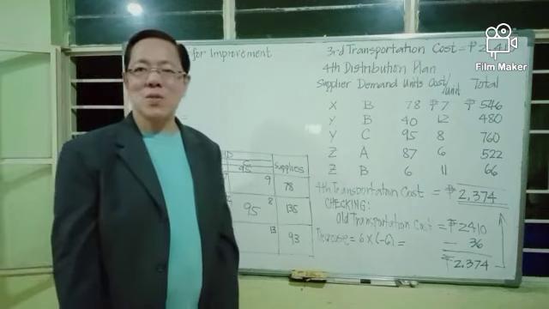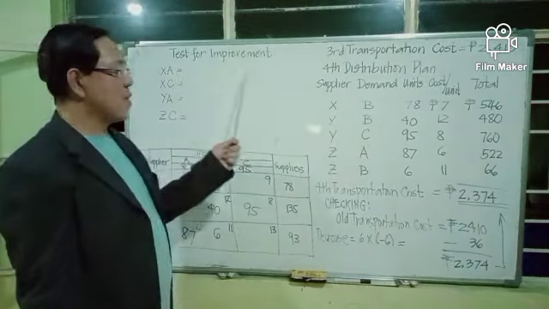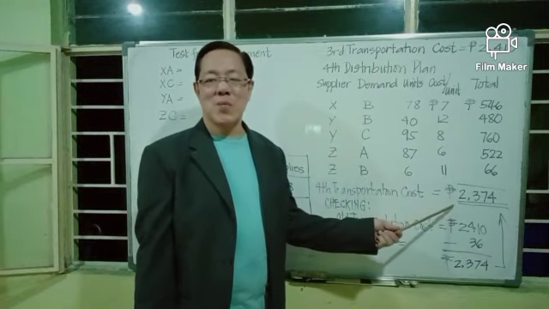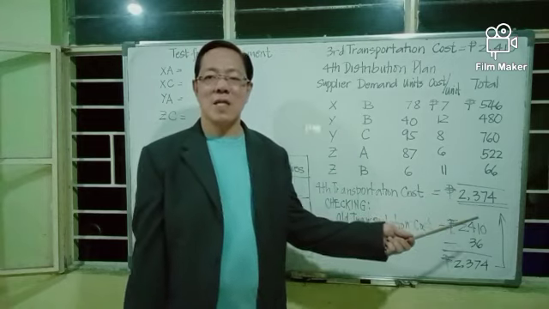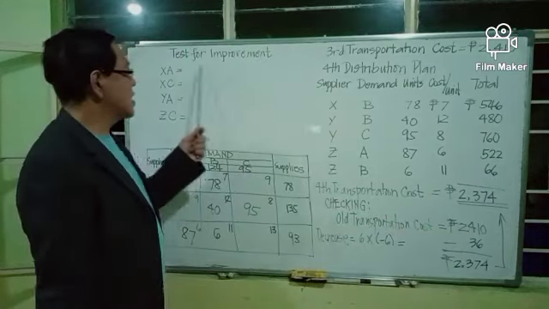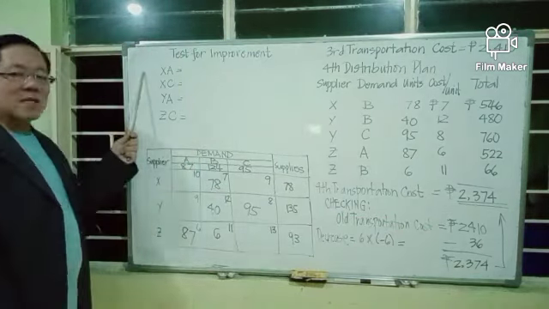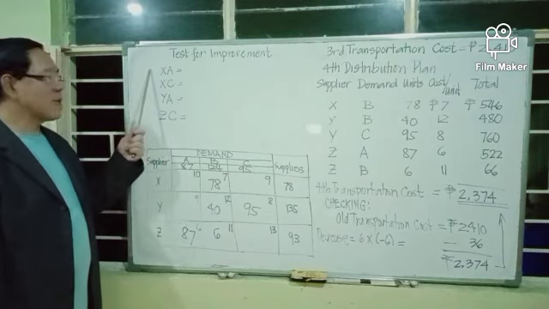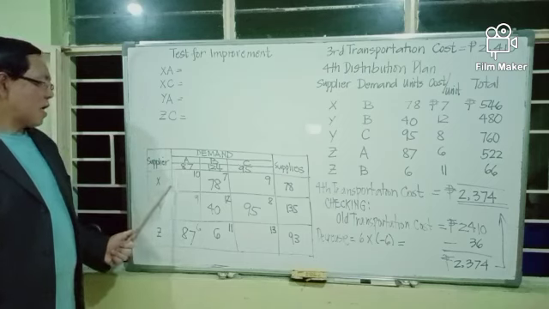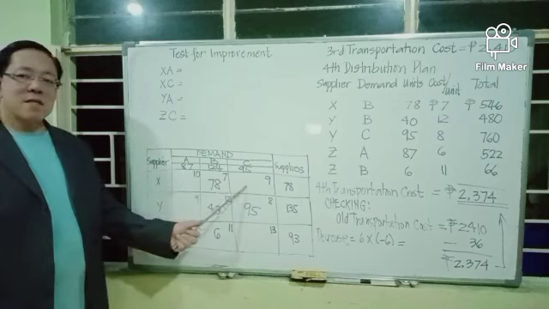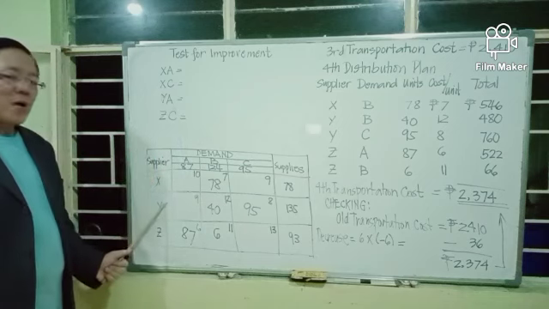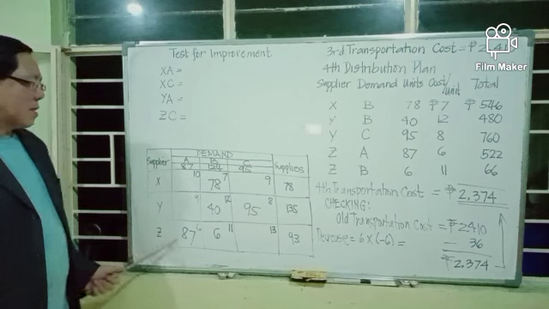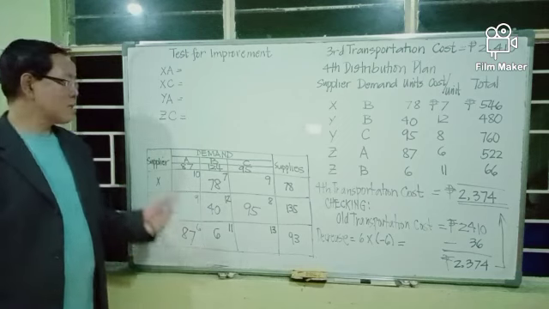The next step is to do again the test for improvement to see if we can still lower this transportation cost of 2,374. We consider again the vacant cells. For the fourth transportation table, these are the vacant cells XA, XC, YA, and ZC.